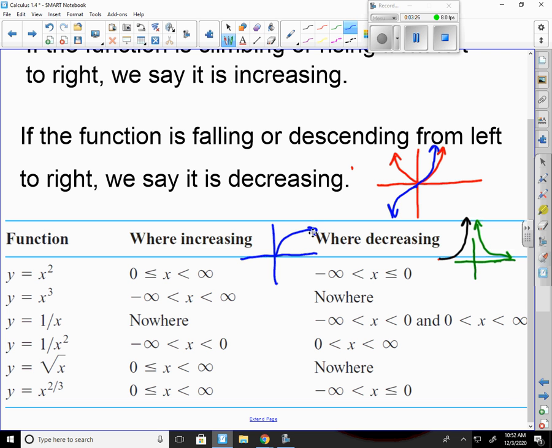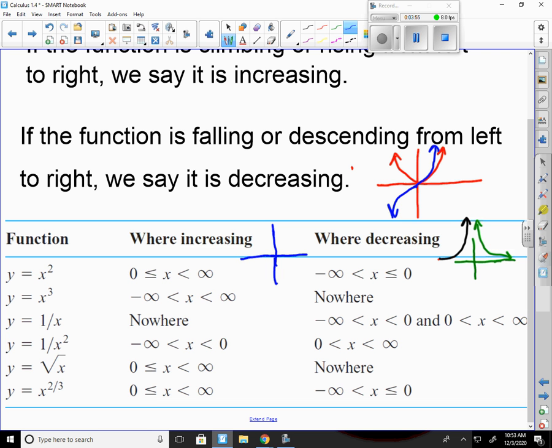Last one is x to the 2/3. And when we look at that one, that's going to be decreasing from negative infinity to 0 and increasing from 0 to infinity.